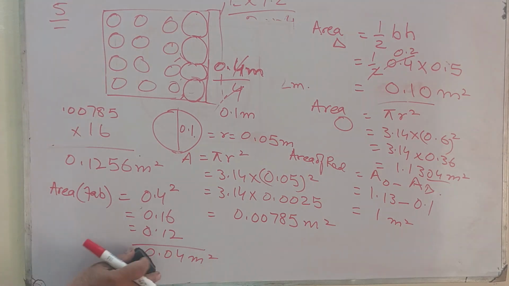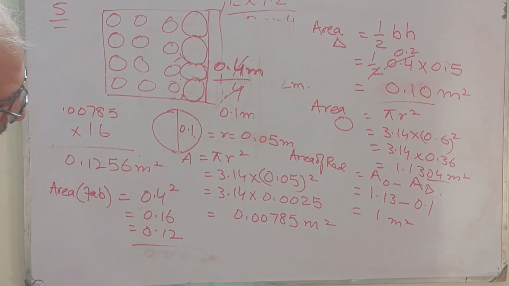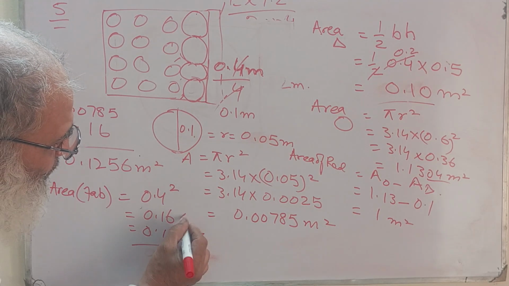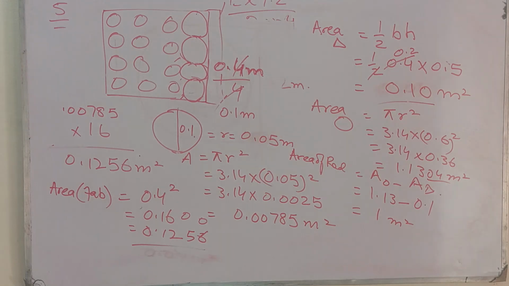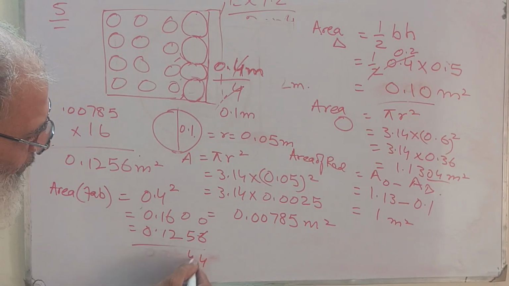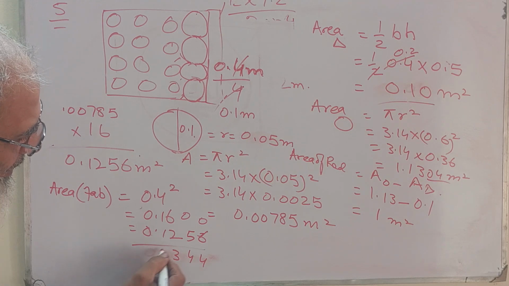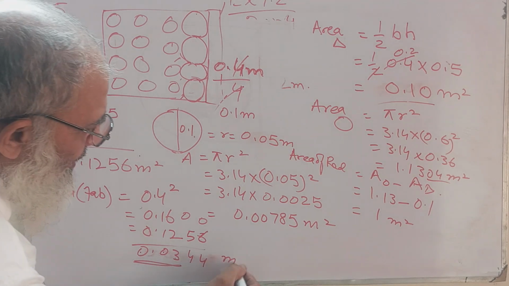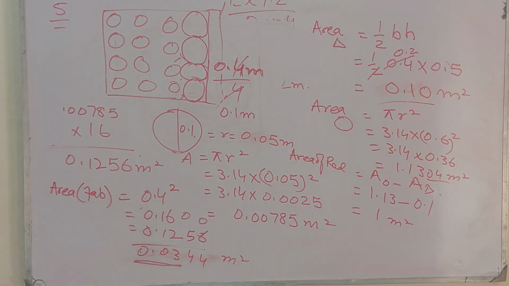Let me do some correction in this. Since the area is this, I have to put two zeros over here also. So this will become 0.03 meter square. Leftover fabric is 0.03.